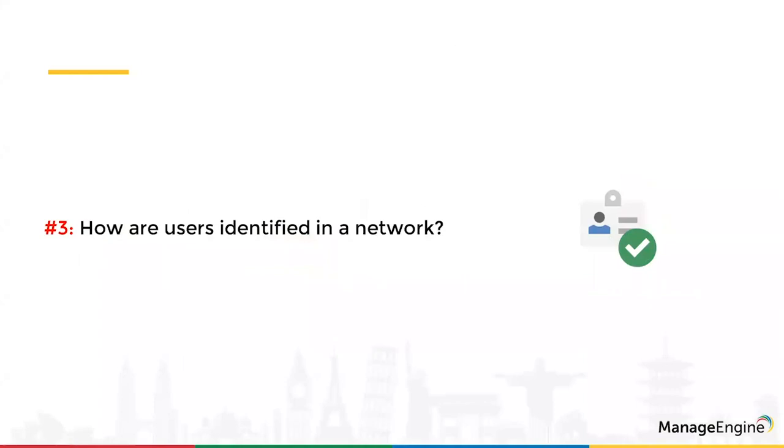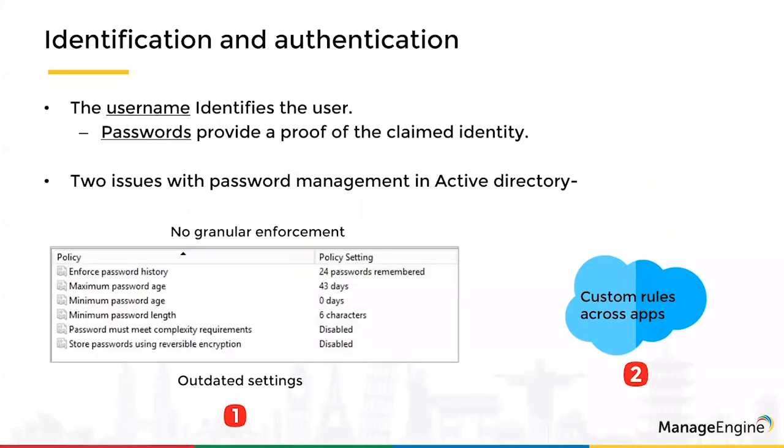And the third most important thing, which is my last bit, is how are users identified in a network? So this portion, I will let Sharda do the honors, but the first point is where I'm going to address it. Still, people use username and passwords to claim that they are the identity. And of course, Active Directory, Azure Active Directory, Office 365. You all know how difficult it is to deal with password policies.